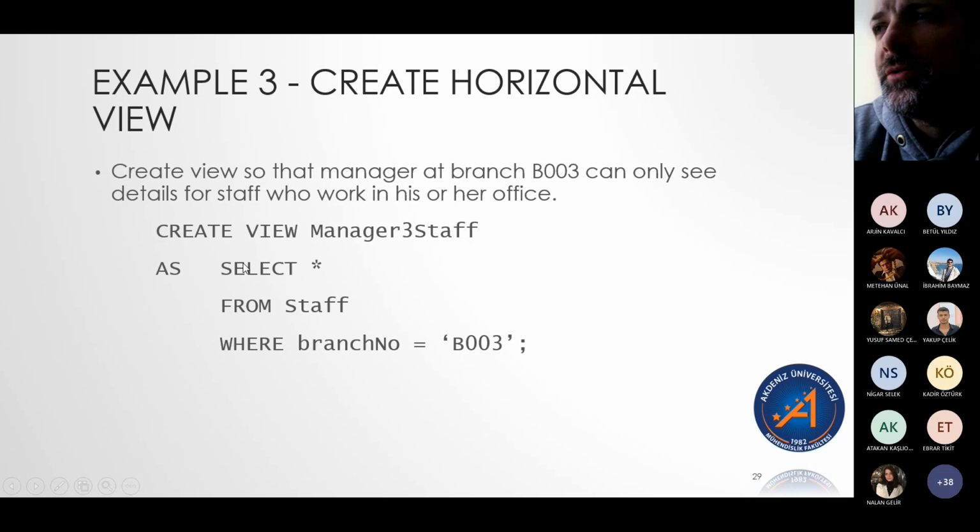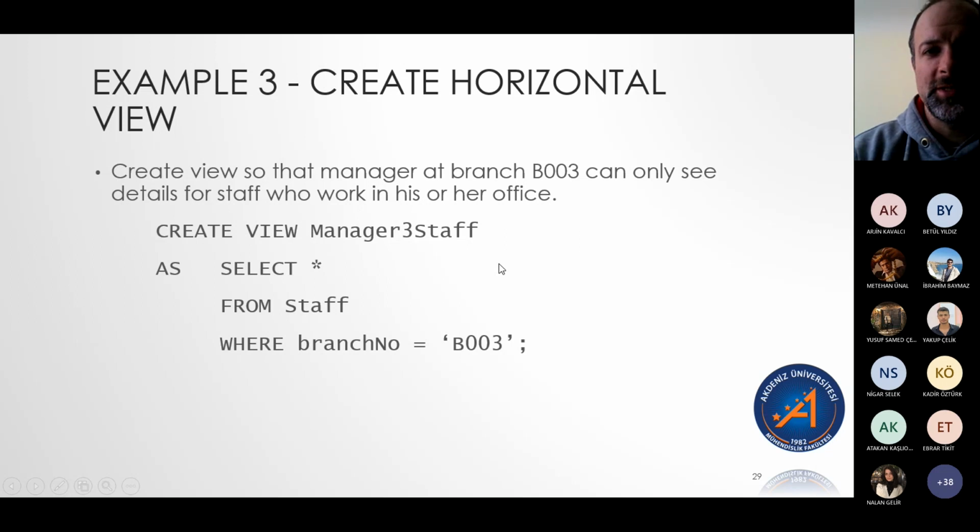So we are going to allow the manager at branch 3 to view the staff from branch 3. Okay, so we don't give this view access to all the rows in the staff table. We're only giving them access to the information stored in the staff table for branch 3.